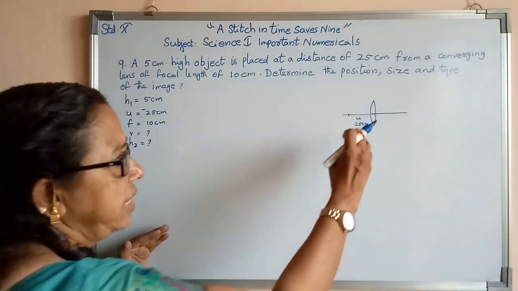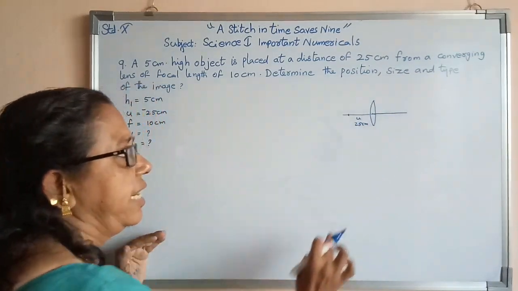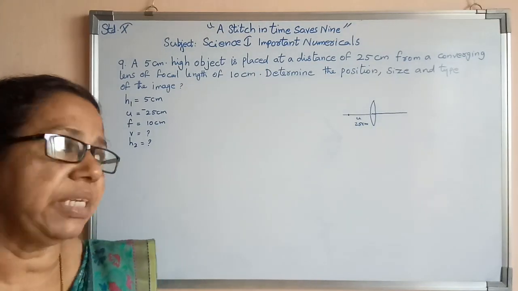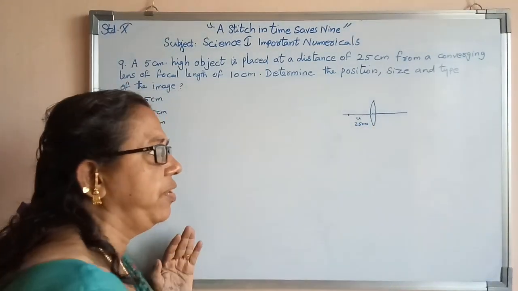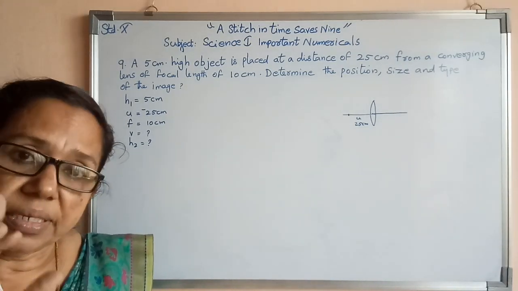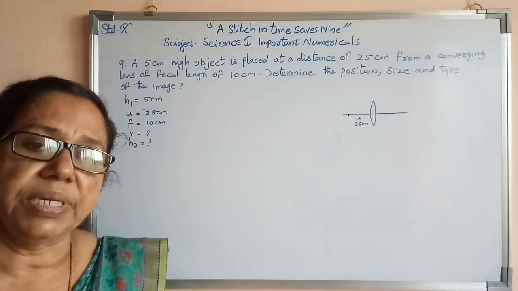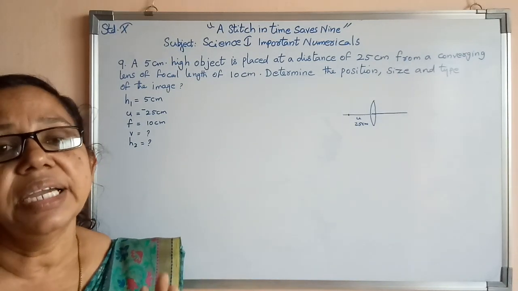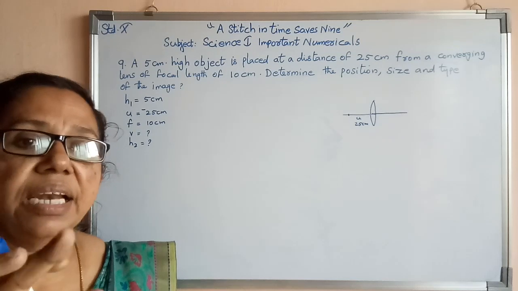Now on this particular side, the right hand side, the image is forming. The image value is positive, that means the right hand side, so the distance of the image will be positive. If the distance of the image is positive, then the image will be an inverted one as well as a real one.